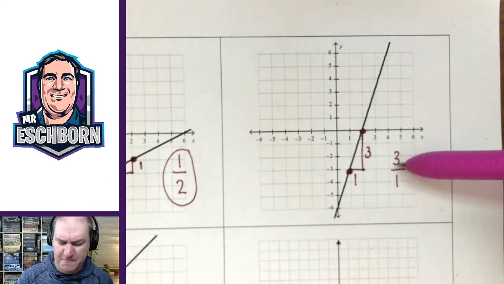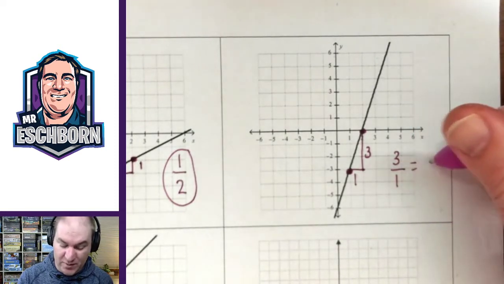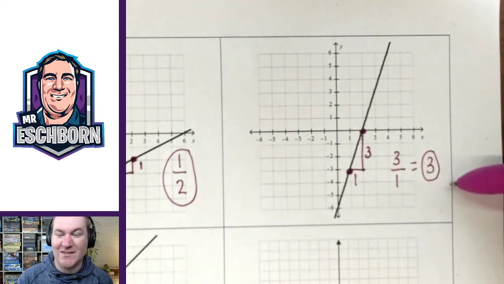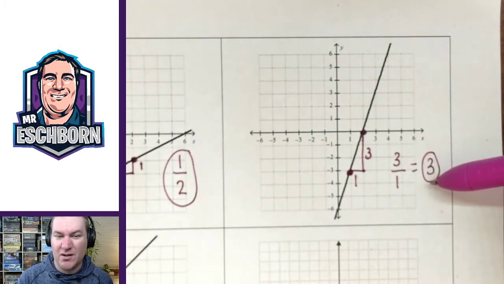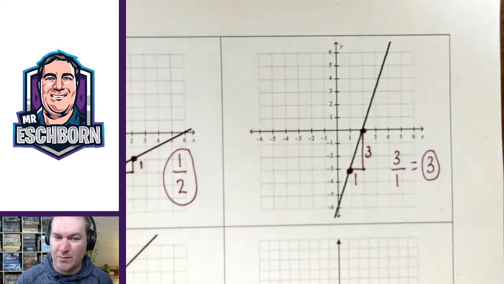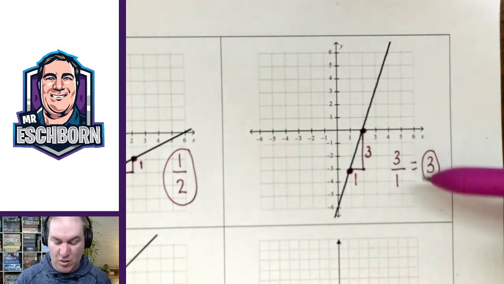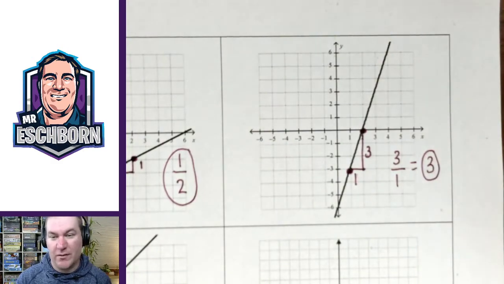So I kind of just contradicted myself there, didn't I? I want the answer to this one to be 3. So if it can be written as an integer, just a plain old number, then you should write it as a plain old number. But if it can't, then you should leave it as a fraction. Don't turn it to a decimal unless the problem really needs it to be. So 3 over 1 reduces to 3.